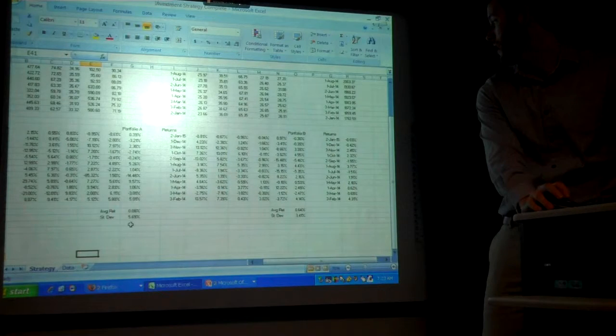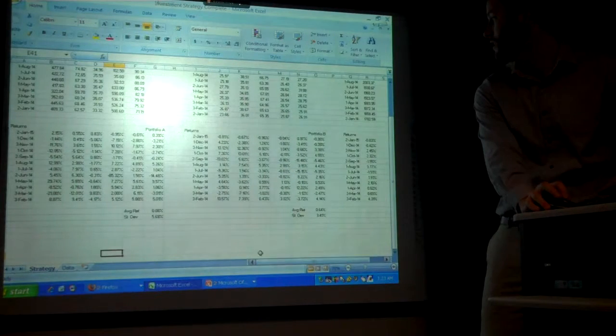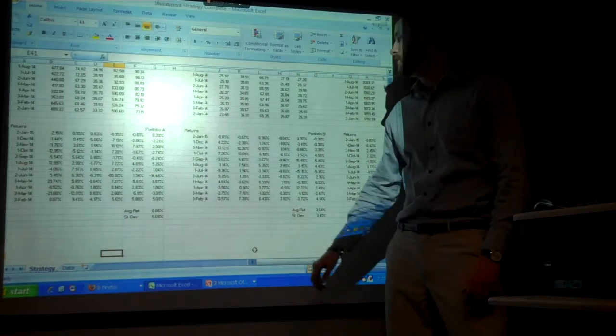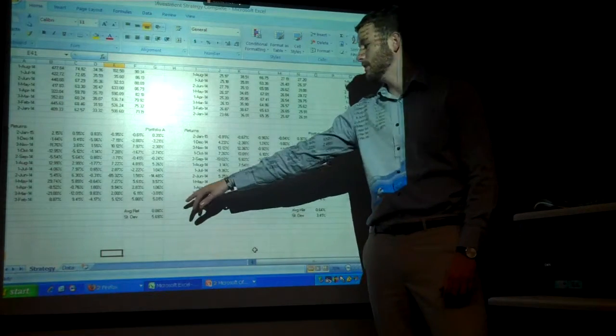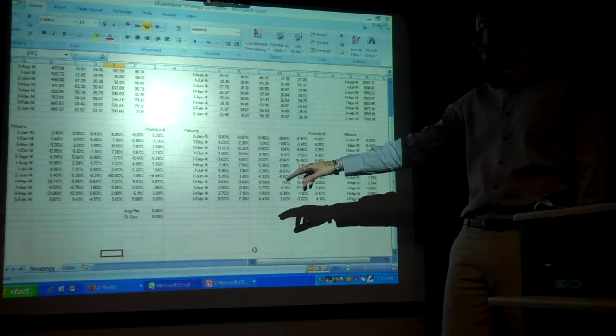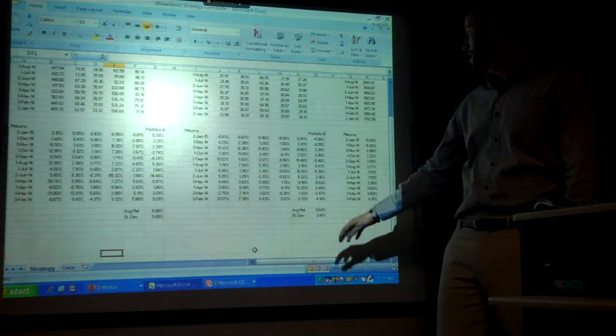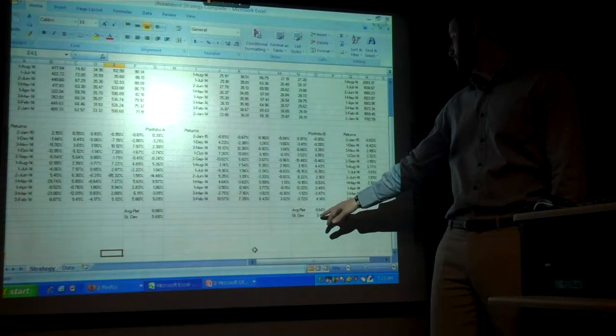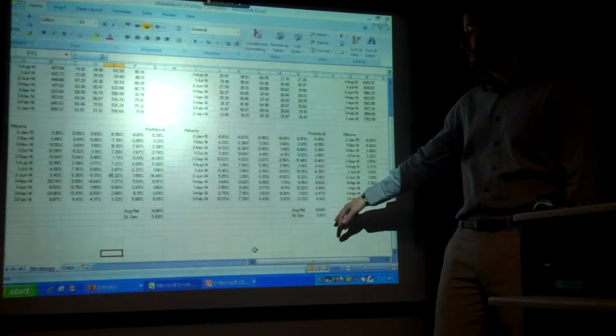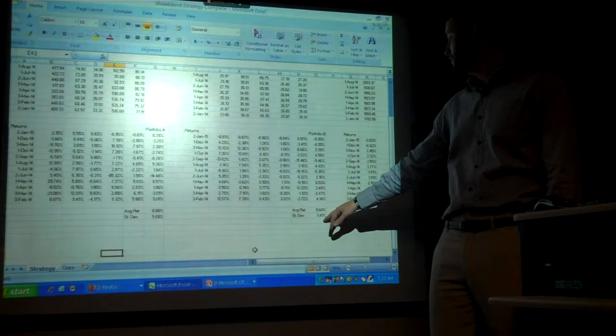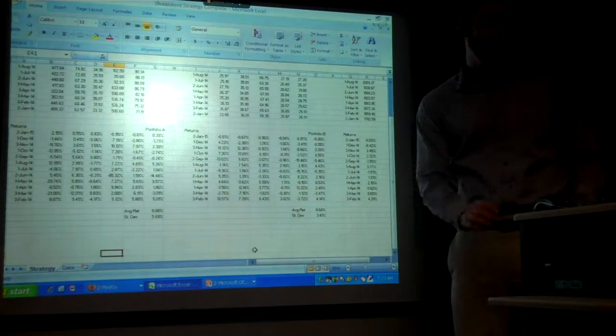And then when you go back to the data, I calculated the returns and the standard deviation for each. For the high P/E ratio, my average return was 0.08%, with a standard deviation of 5.69%. For the low P/E ratios, my average return was 0.64%, with an average standard deviation of 3.41%.